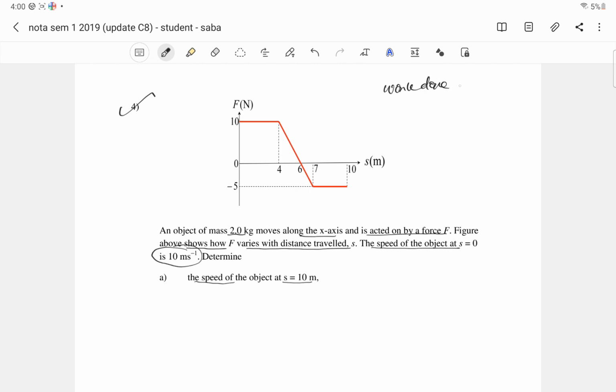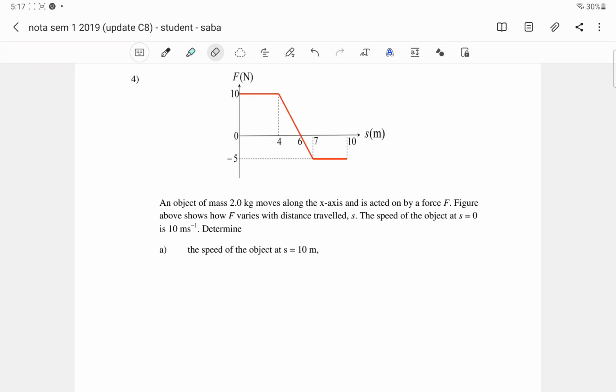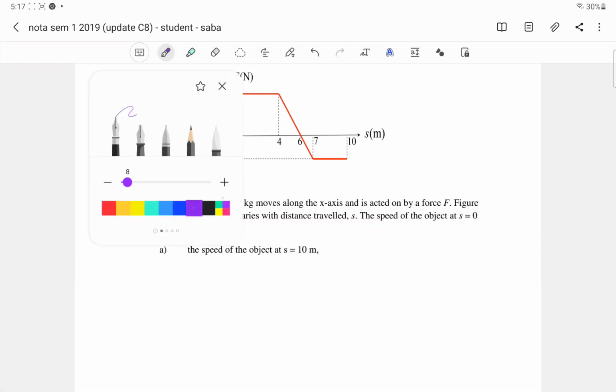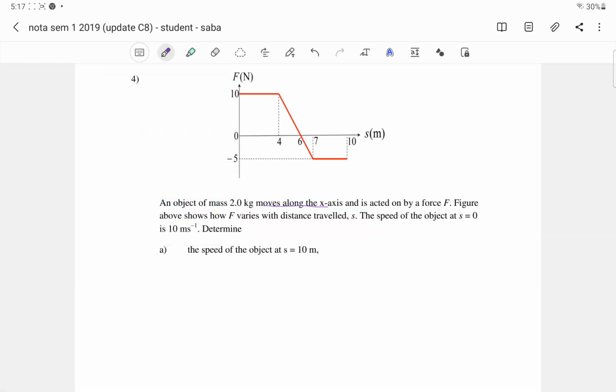Okay, work done is, let's go to number 4. The object of mass 2 kilograms moves along the x-axis and is acted on by a force. The figure shows how F varies with distance travelled. The speed of the object at s equal to 0 is 10 meter per second.